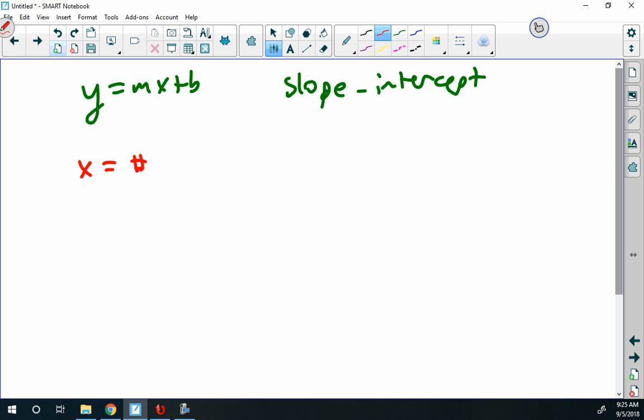Good try, not horizontal. The slope's undefined, but the type of line it is is vertical. Y equals a number, then, that's going to be a horizontal line.